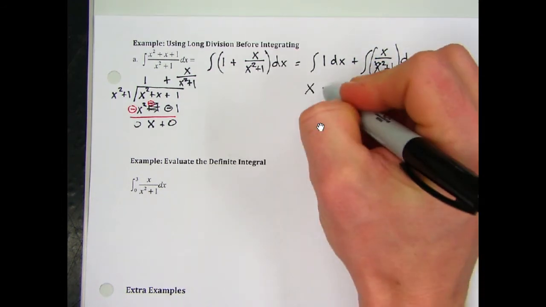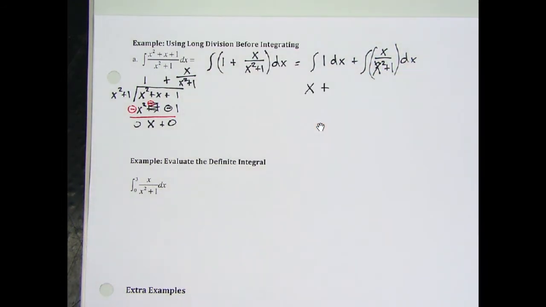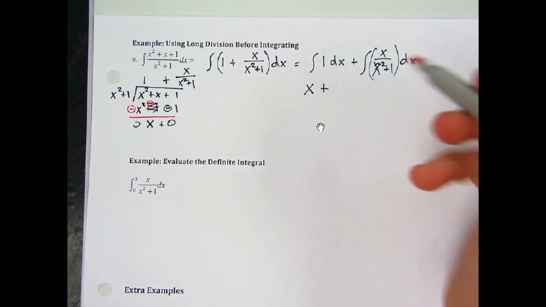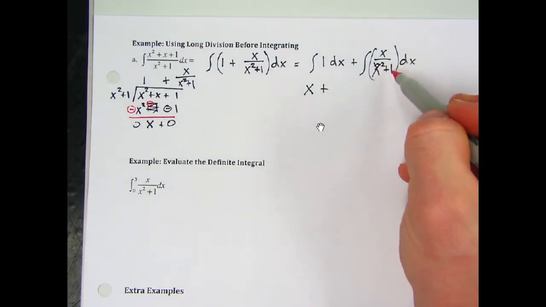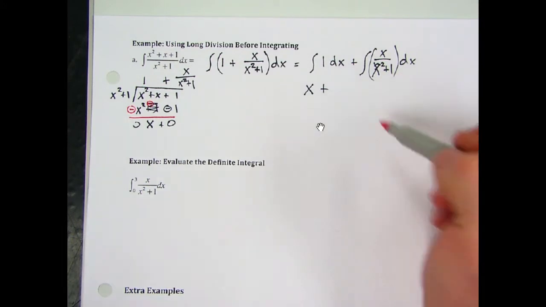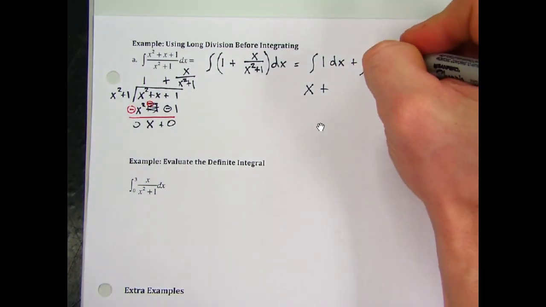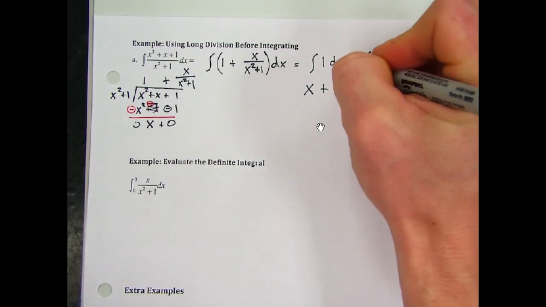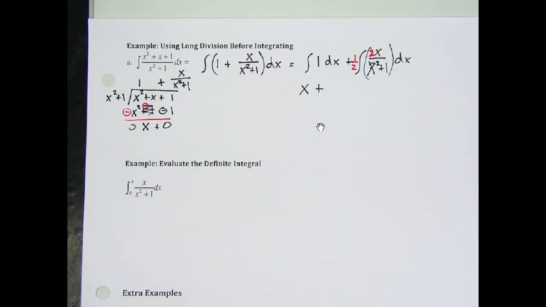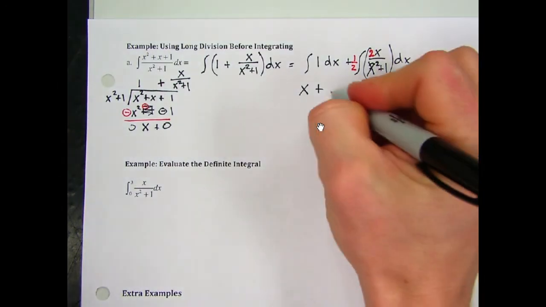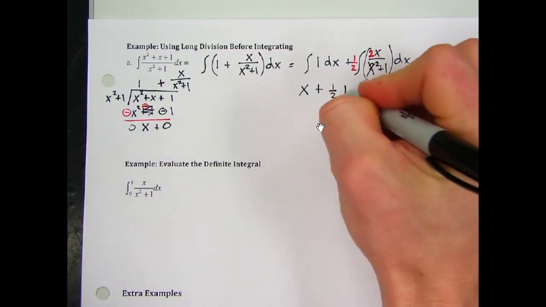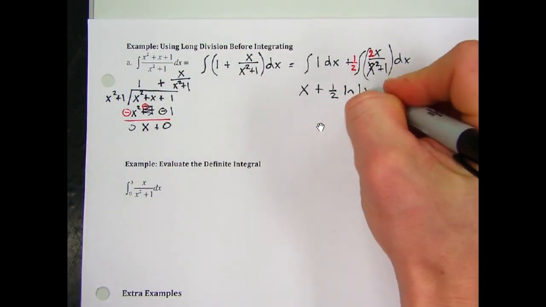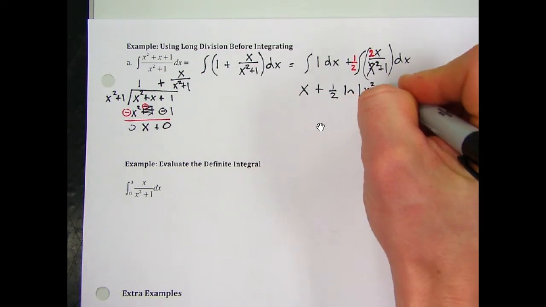Now, in this next one right here, we see the denominator is x squared plus 1. So the derivative of the denominator is 2x. So we need to add or multiply 2 on top and a 1/2 on the outside. So now it's 1/2 ln absolute value of x squared plus 1 plus c.